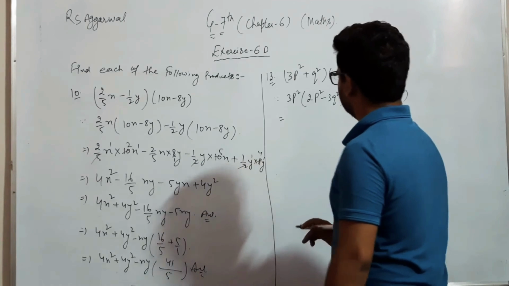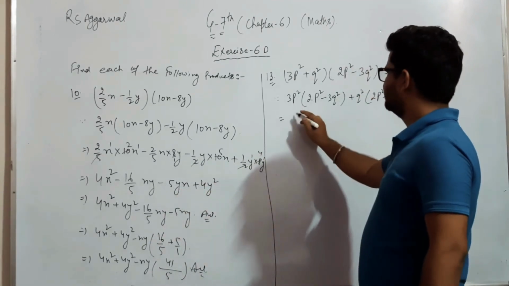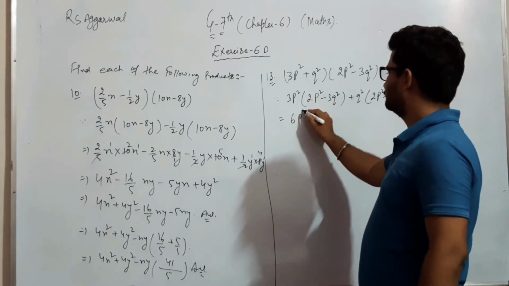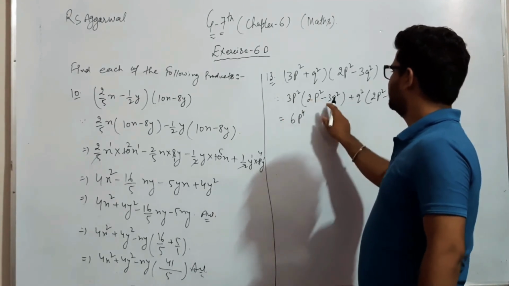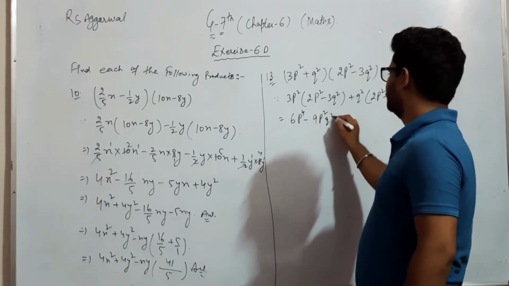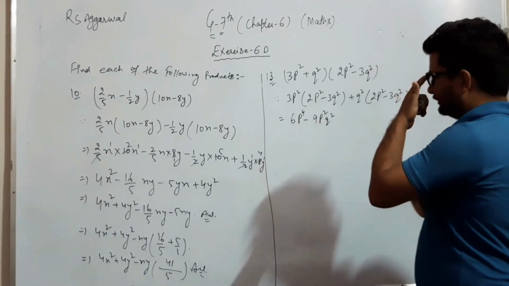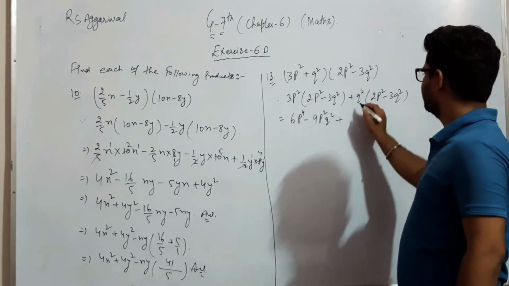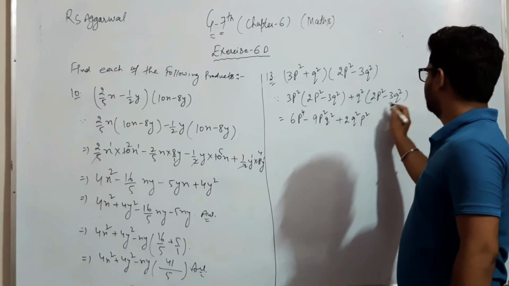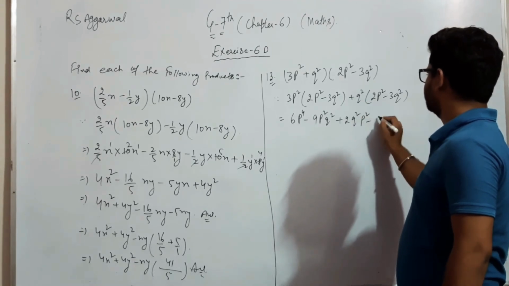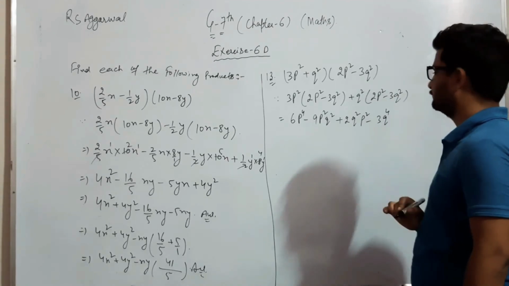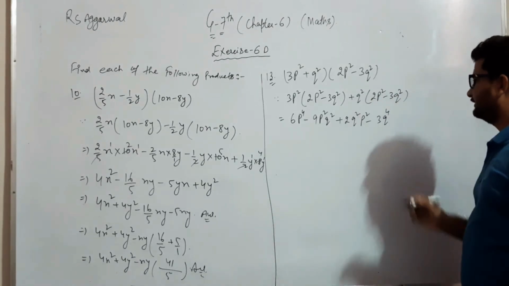Okay, so here 3 twos are 6, p2 times p2, then it is p raised to power 4. Then 3 times 3 is 9, minus sign, 9 p2 and q2. Okay, and next plus sign, q2 is multiplied with 2p2. Then plus, minus minus 3, q2 times q2, it is q raised to power 4, because the base is the same and the powers will be added.